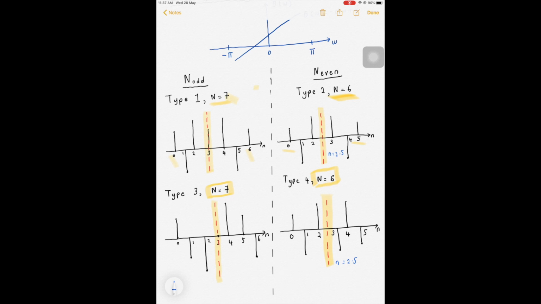Basically, for you to know, you have to actually sketch the values on the graph. Next, we want to look at whether it is symmetric or antisymmetric.